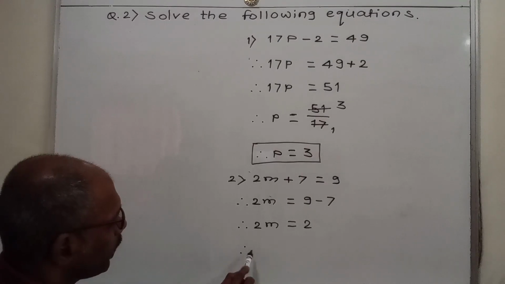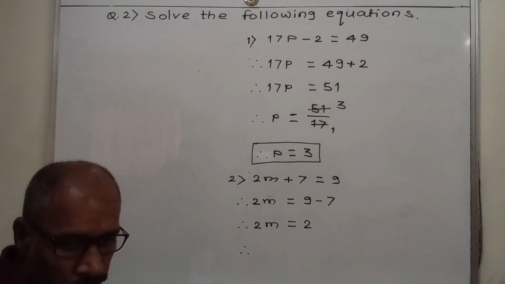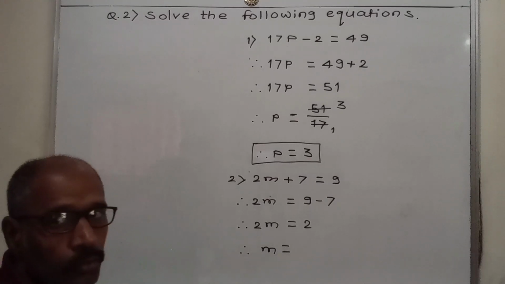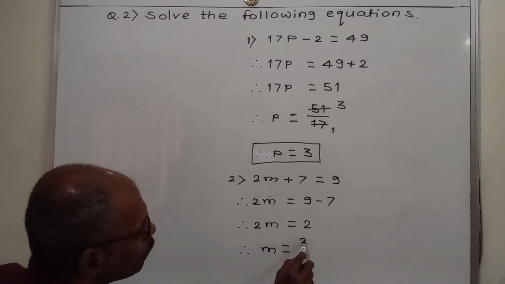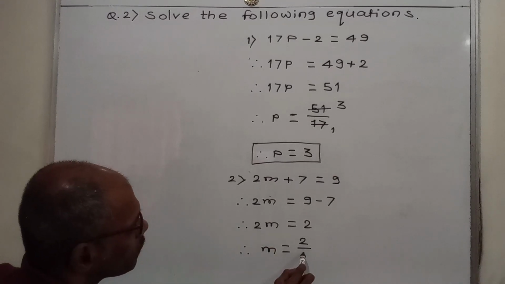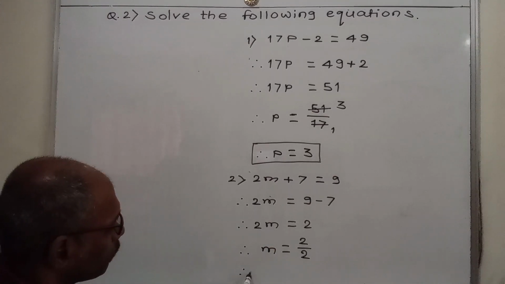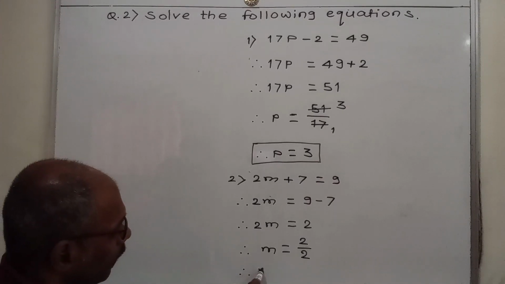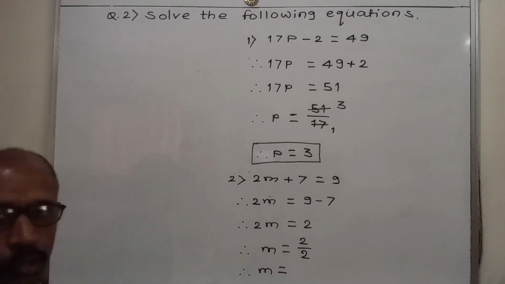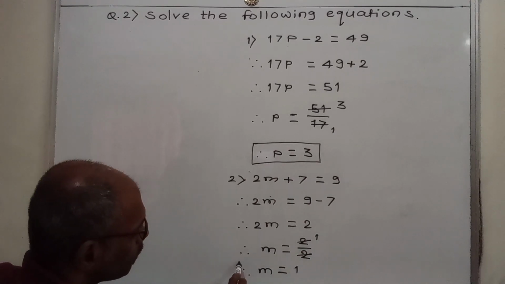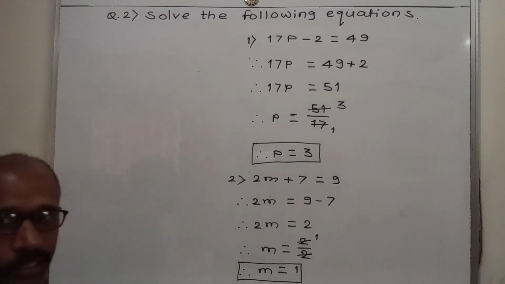Now, what is the next step? m is equal to 2 upon 2, because here multiplication becomes division. Therefore, m is equal to 2 ones are 2. Therefore, m is equal to 1. Did you get it?